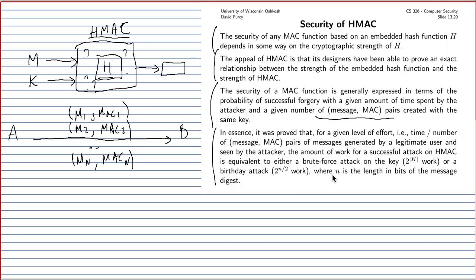Remember, the length of the output of HMAC is n, so the amount of work for a birthday attack would be 2 to the n over 2. And so in summary, what they proved is that HMAC is at least as strong as the hash function that it uses.